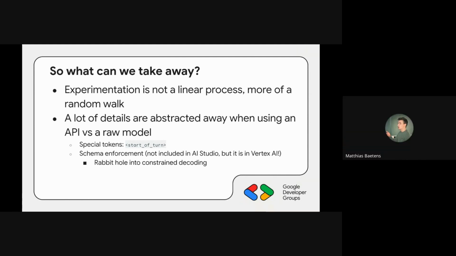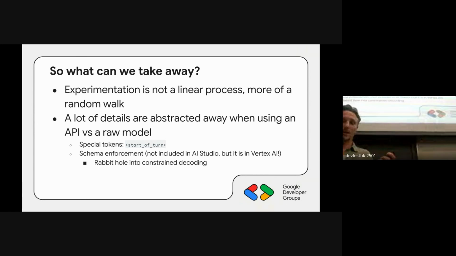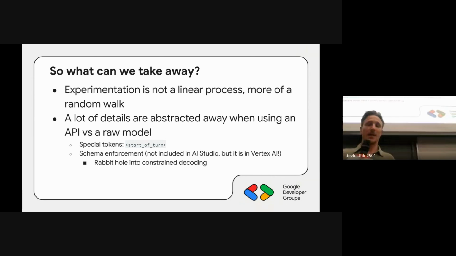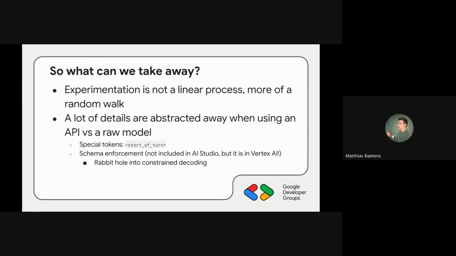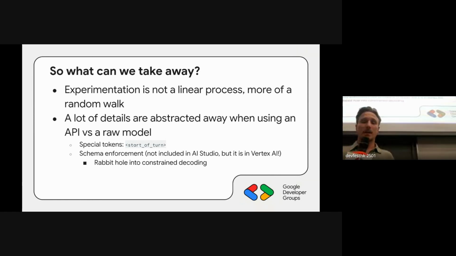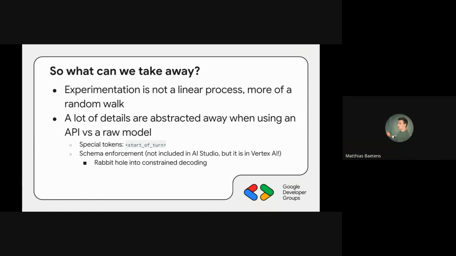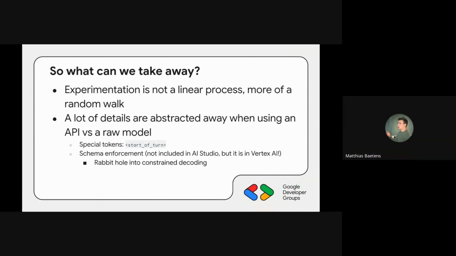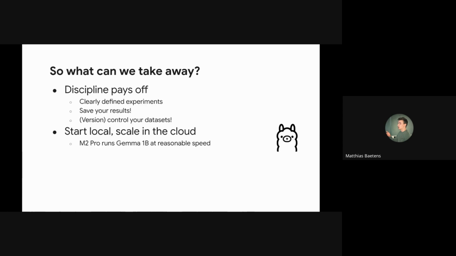They are abstract. Also, schema is not included everywhere. For example, in AI Studio there's no schema, while in Vertex AI there is, and that led to full string decoding when I was fine-tuning. I lost a lot of time there.